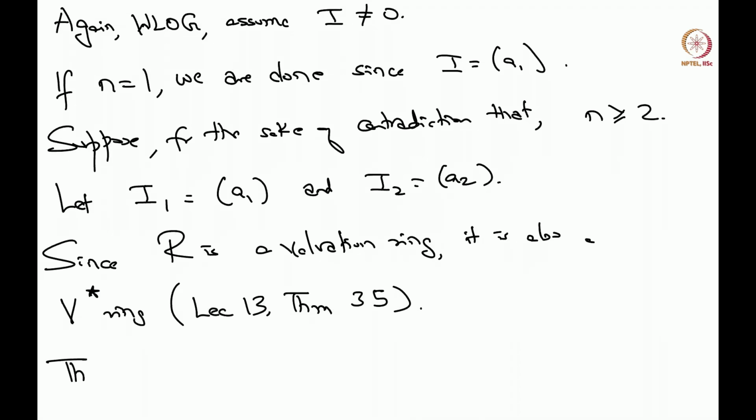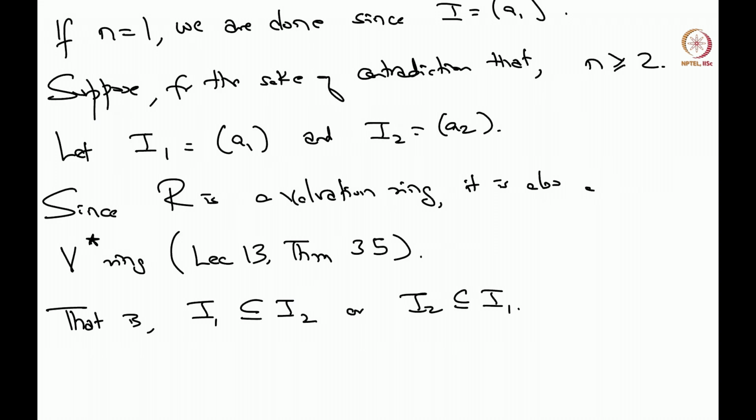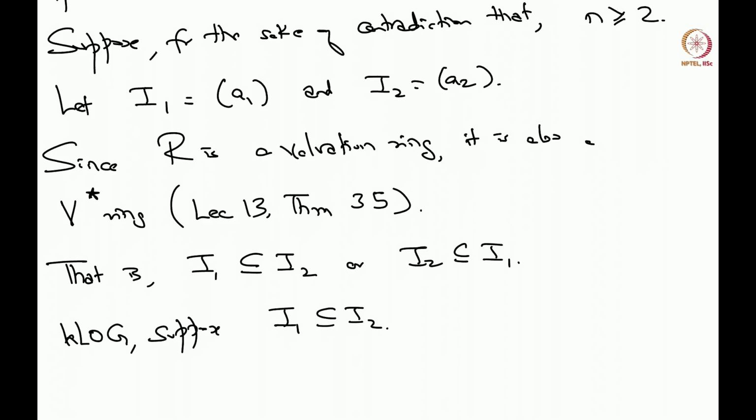And just unwinding what it means to be a V star ring, it means that given two ideals, either I1 sits inside I2 or I2 sits inside I1. And again, without loss of generality, one of these two conditions must hold. So just suppose that I1 sits inside I2. I1 is the ideal generated by A1, and it sits inside the ideal generated by A2.